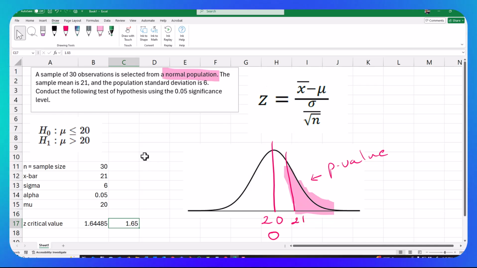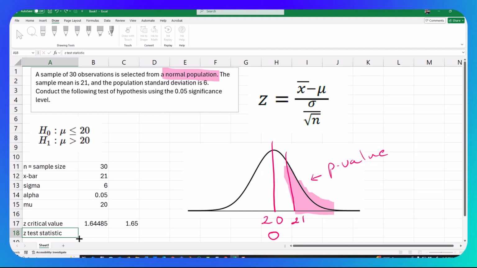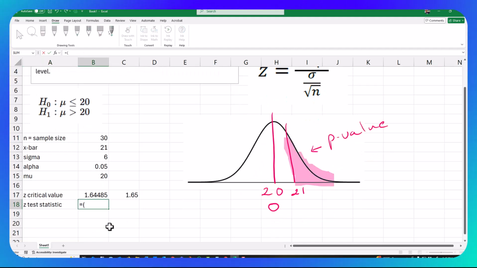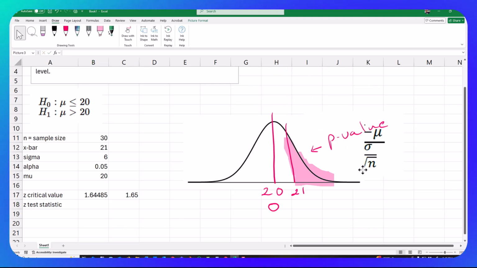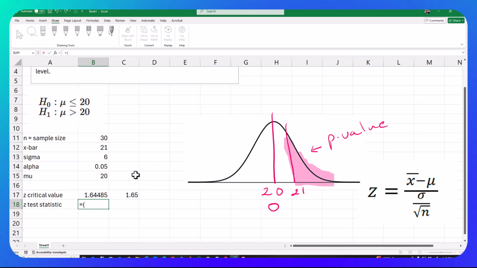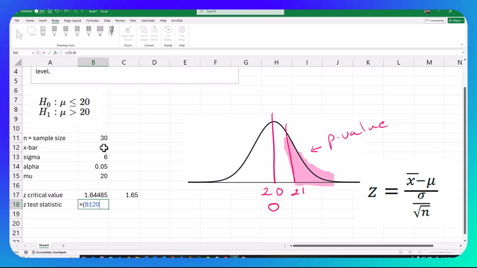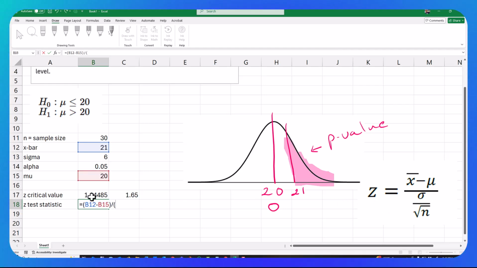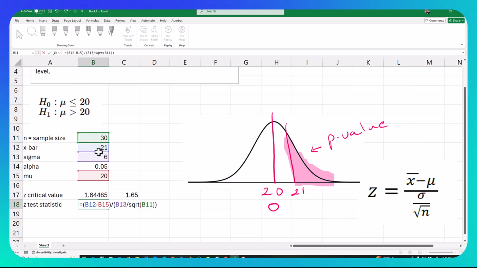Now we want to figure out where my sample falls relative to that critical value. Well, how do we do that? We take the Z test statistic. I find it with equals, open a parenthesis, the sample mean minus the population mean, divided by, be sure to put the bottom in parentheses, the population standard deviation over the square root of the sample size.